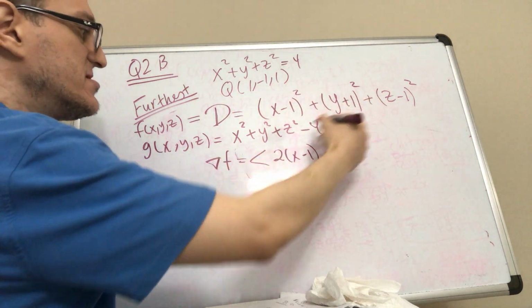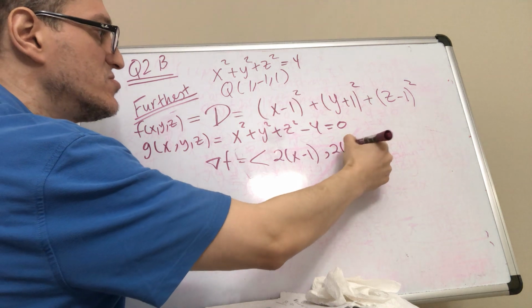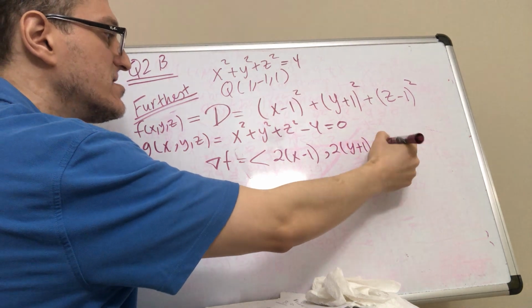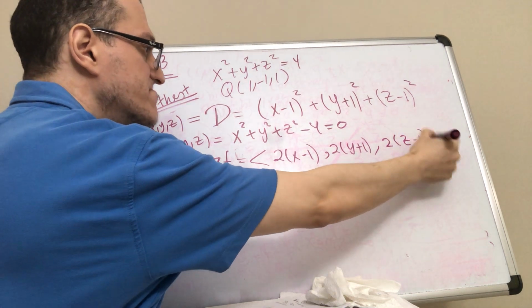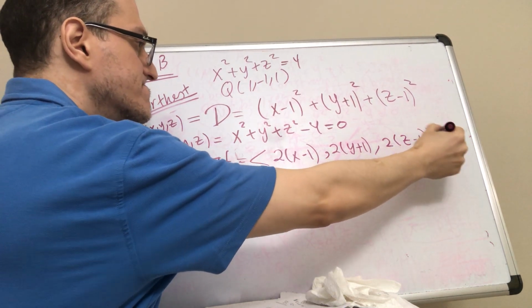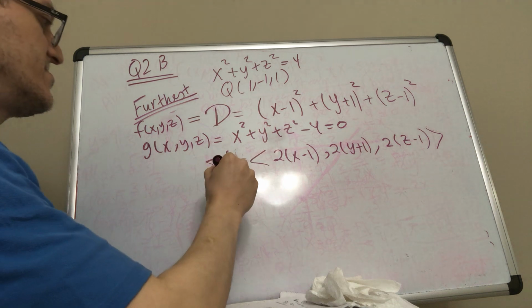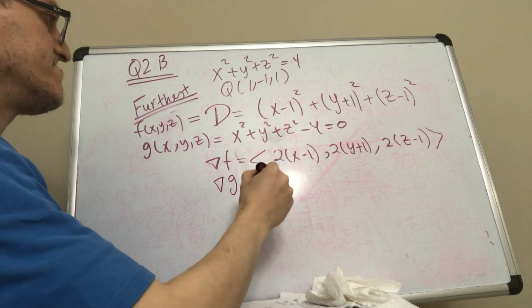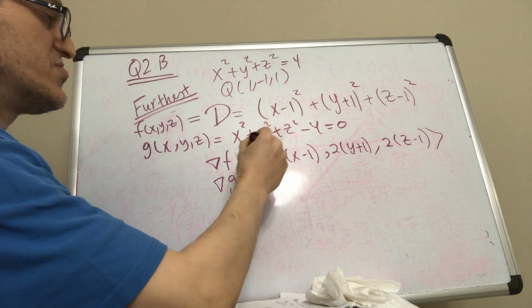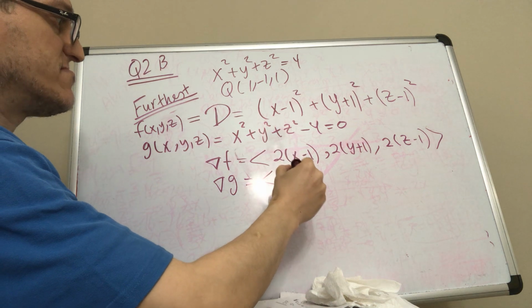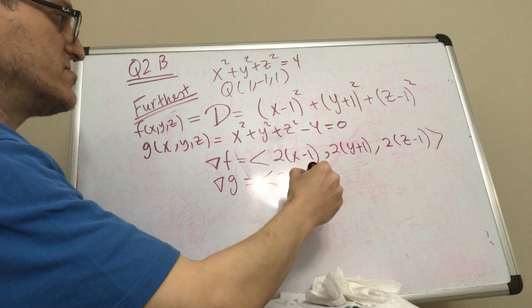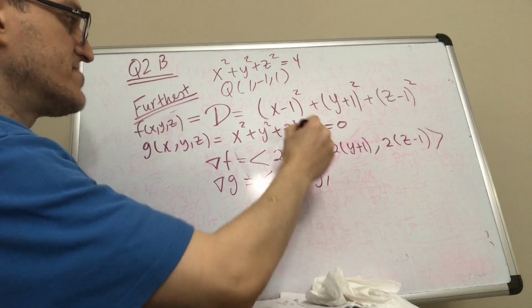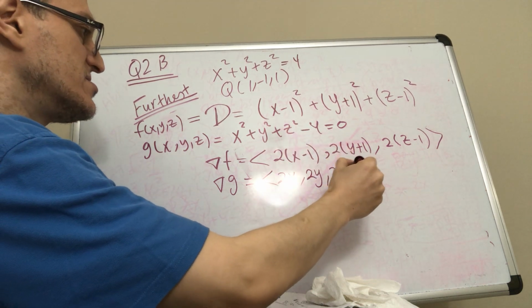The derivative with respect to y would be 2y plus 1. And the derivative with respect to z would be 2z minus 1. The gradient for g: the derivative with respect to x is 2x, with respect to y is 2y, and with respect to z is 2z.